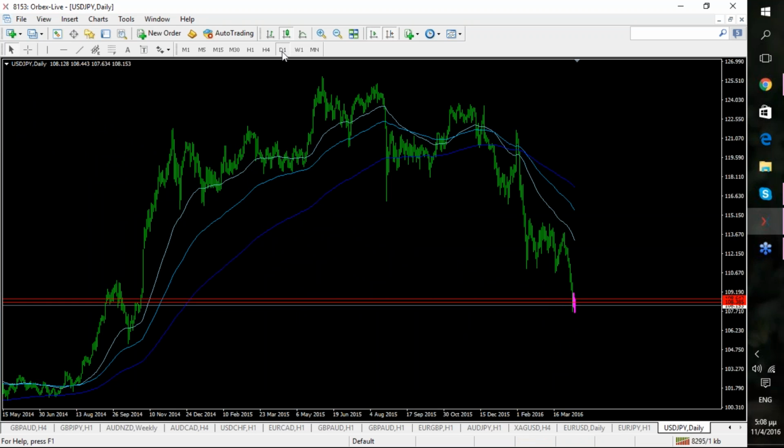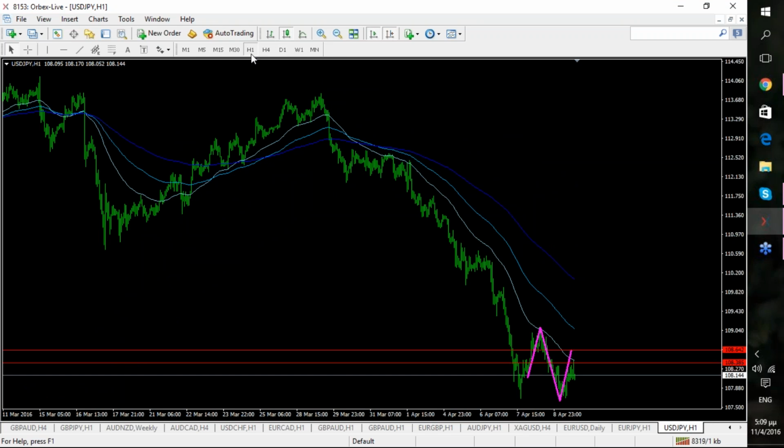And when I go on to the daily chart, which is the longer term chart, again it is signaling a lot of downward pressure for the USD JPY. So USD JPY is giving me more strength to the downside, which is giving me more trading opportunities for the sell side, for the shorting side.